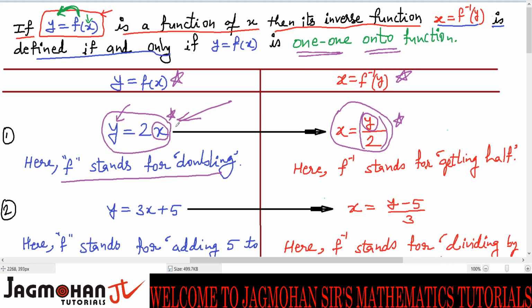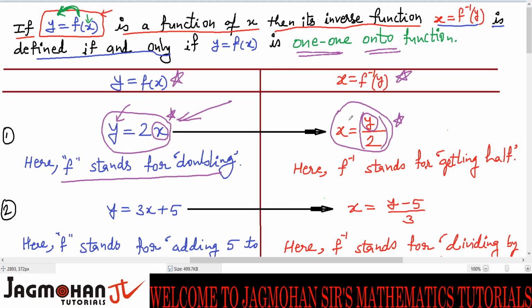I repeat again, this is very important. When you define the function y equals f of x, that is y equals 2x, the values of x decide the domain and the value of y will be the range. But when you define its inverse, y has become the domain and x is the range.